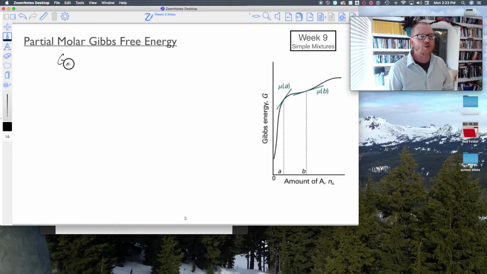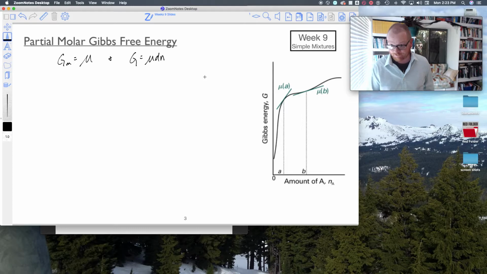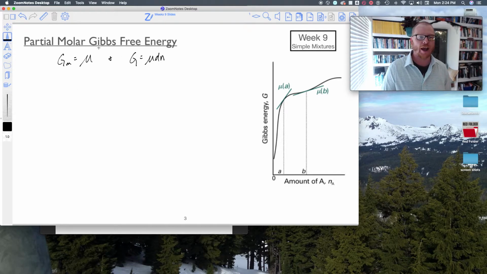Okay, so I'll remind you that the molar Gibbs energy is chemical potential. And similarly, I could also just say G equals mu times dN, right? So if we know that molar free energy is really G divided by dN, then I just did some algebra here, okay? And so what that means then is my chemical potential, believe it or not, is a partial molar quantity.